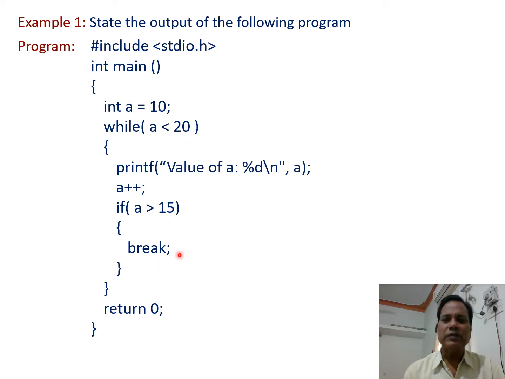So this process of executing the body of the loop continues till we get value of a which is greater than 15. So once value of a is greater than 15, that is when value of a becomes 16.